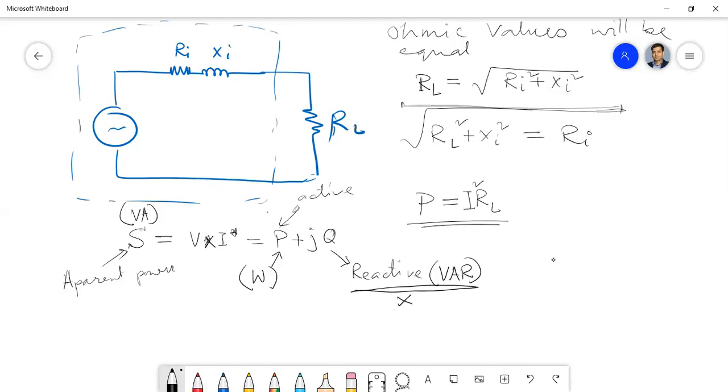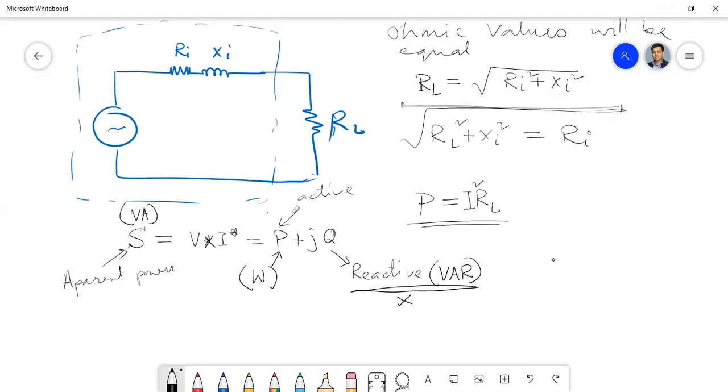But if you consume more and more reactive power, then the power factor will be poor, and that will create a problem with your incoming voltage. Suppose you consume a very high reactive power, and your power factor goes below 0.7 or 0.6 lagging, and in your locality all are doing the same thing.